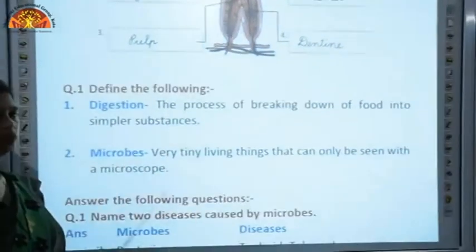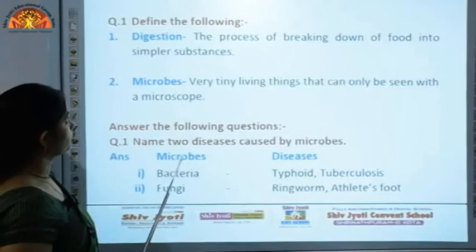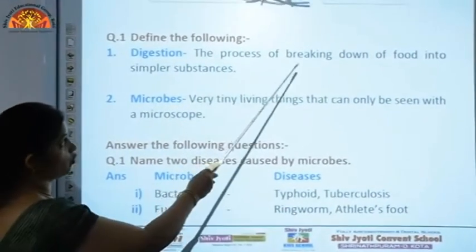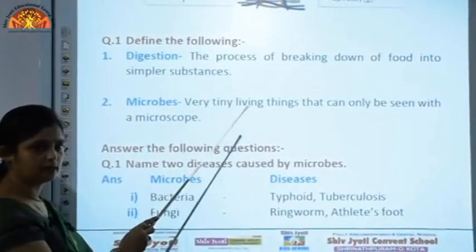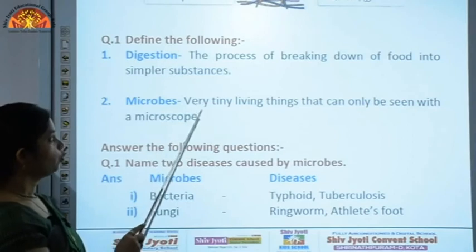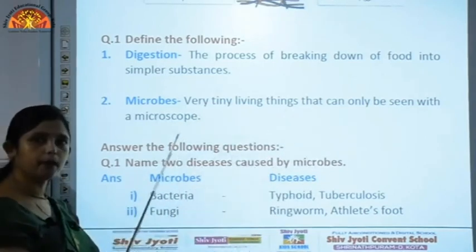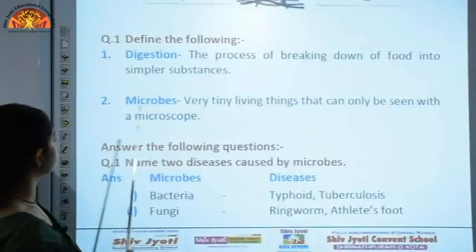Now let's move to the definitions. This is a part of your copy work. So let's start. Digestion, the process of breaking down of food into simpler substances. Then microbes, very tiny living things that can only be seen with a microscope. Then answer the following questions.